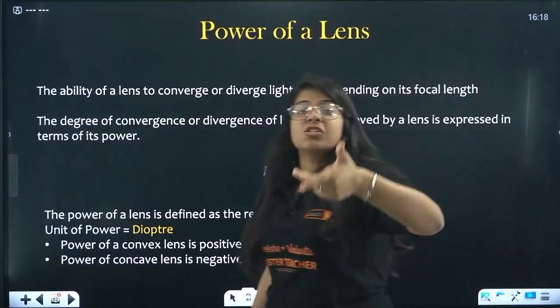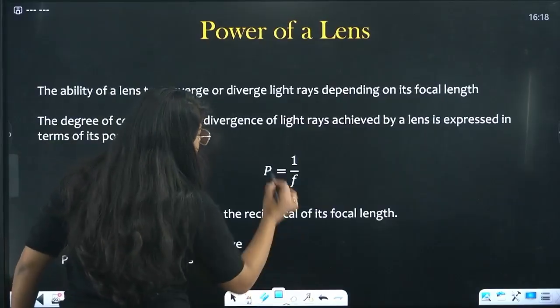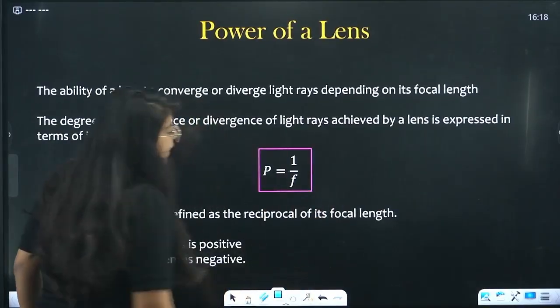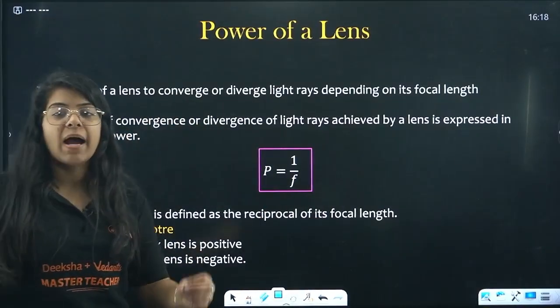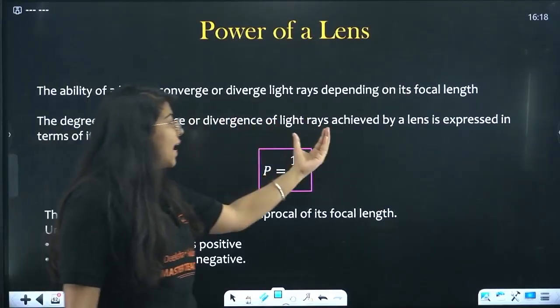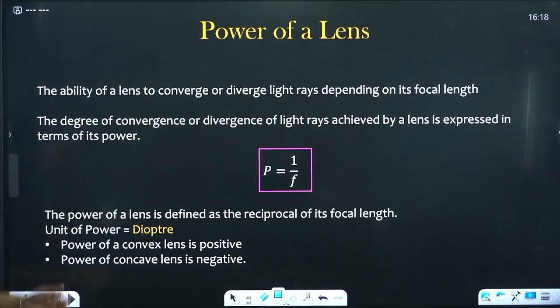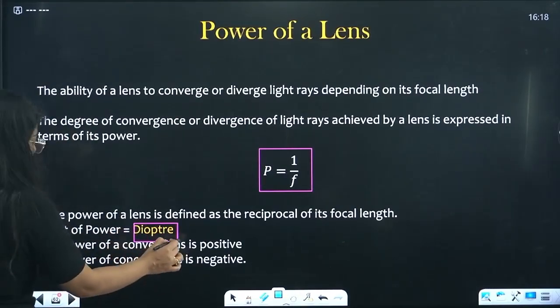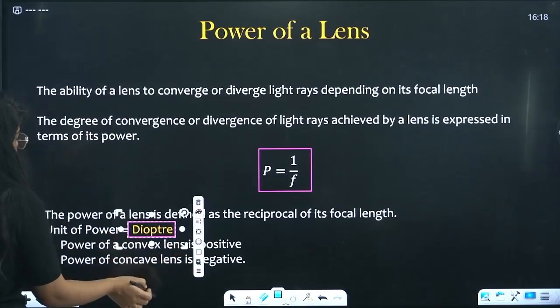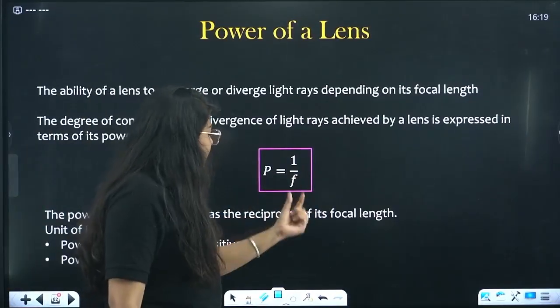It is the inverse of the focal length. P equals 1 by F. That means the degree of convergence or divergence of light rays achieved by a lens is expressed in terms of its power, and its SI unit is diopter. The power of lens is defined as the reciprocal of its focal length.